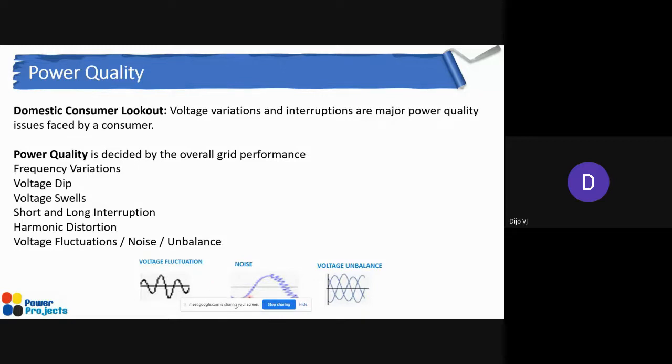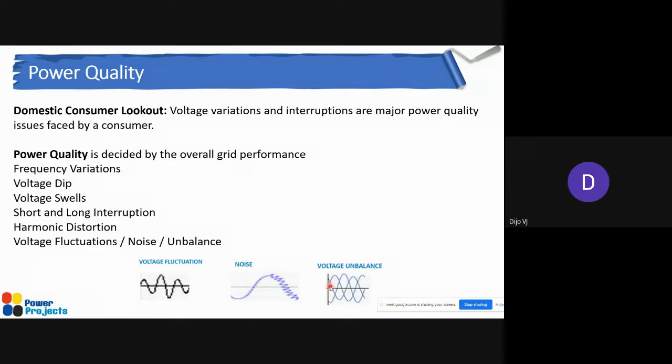That's a fluctuation, again a power quality issue. Noise: a high frequency noise signal is superimposed on the sinusoidal fundamental frequency signal. It modifies the overall shape of the waveform here.